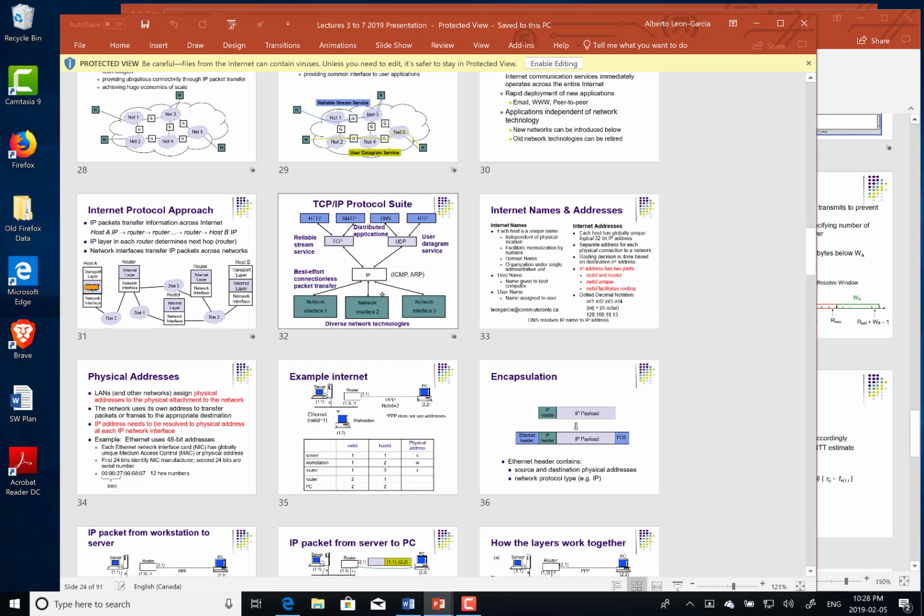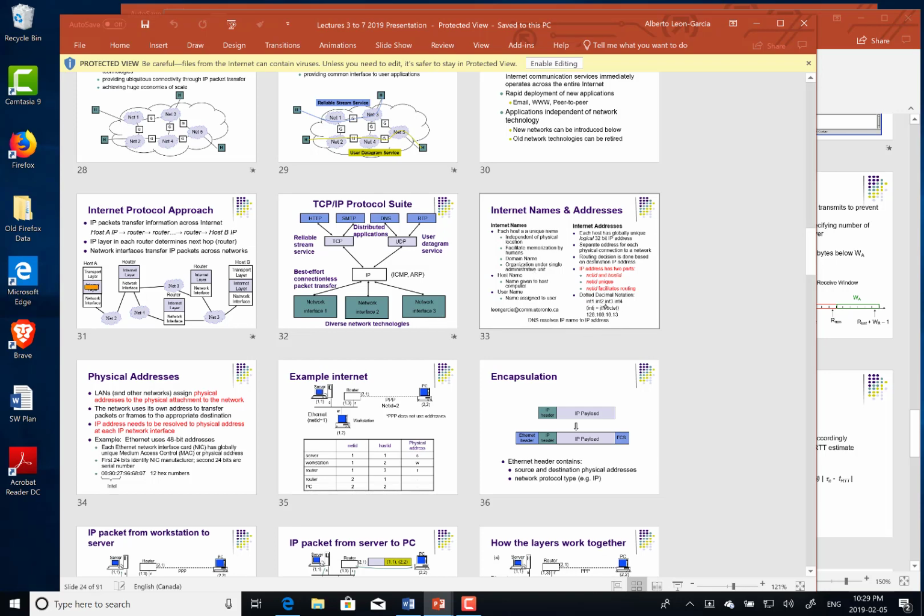And the interesting thing is that Internet Protocol is used throughout to communicate over many different kinds of networks, but above it, everything is the same: TCP, UDP, and the various types of protocols. In chapter 2, in the lectures, we also explain how internet addressing works, host ID and net ID.